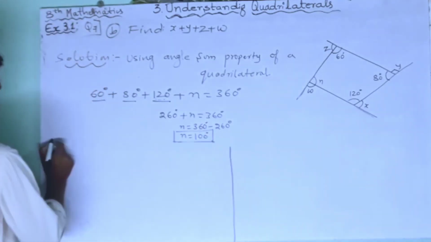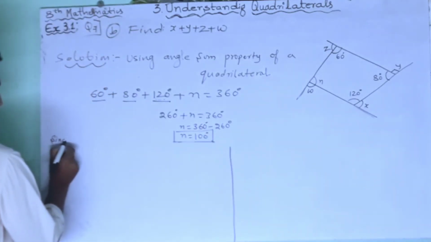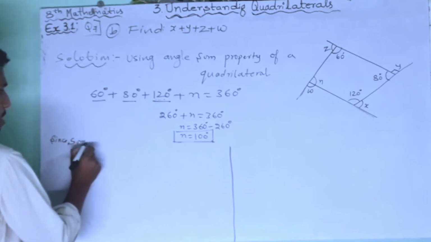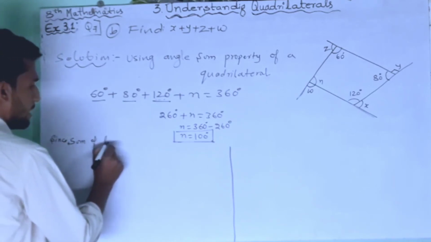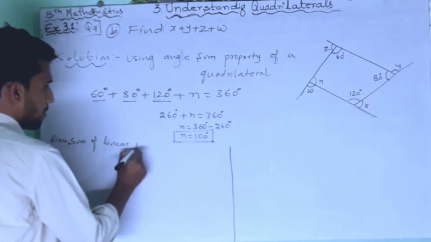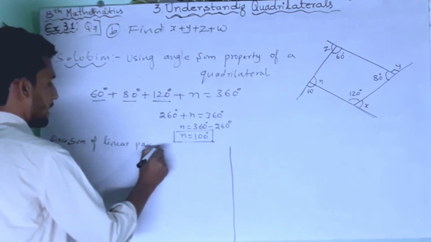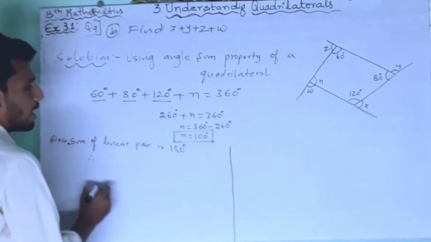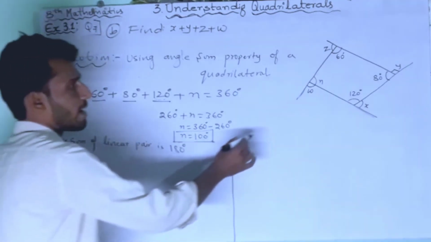Okay, next, since the sum of a linear pair is 180 degrees, here the n value is 100 degrees.